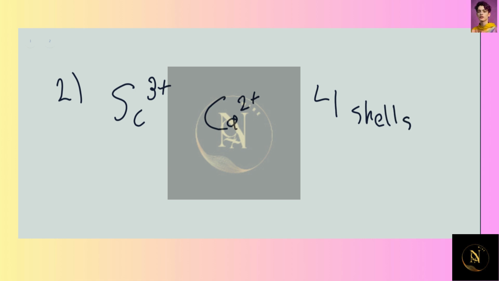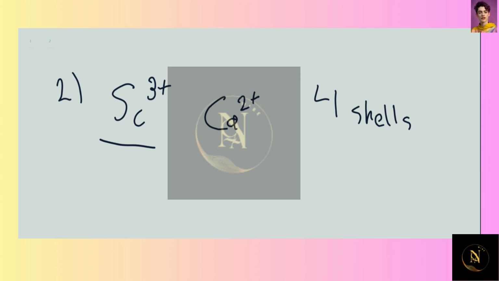However, calcium is on the left of Sc, which means that Sc has a greater number of protons, and so it has a greater pull on the valence electrons.